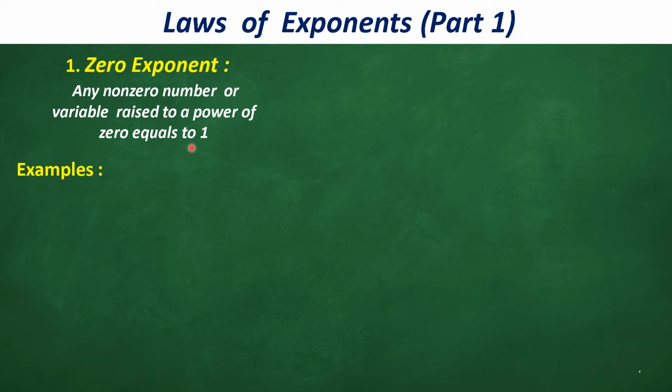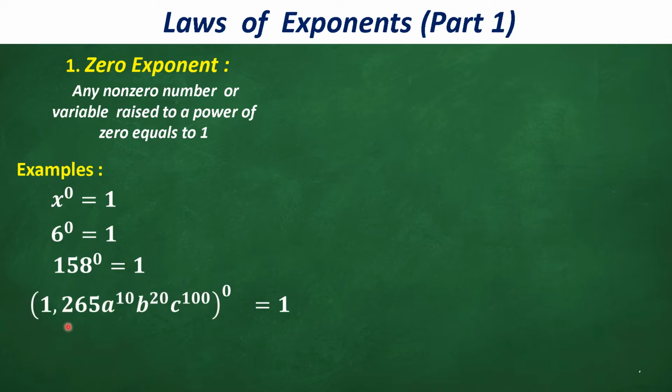So, let us have the following example. Variable, si x sa isang variable, raised to the 0 power, then it is equal to 1. Si 6 na isang non-zero number, raised to the 0 power, then it is equal to 1. Then 158 raised to the 0 power is still equal to 1.